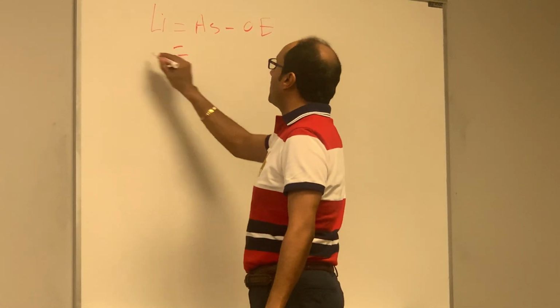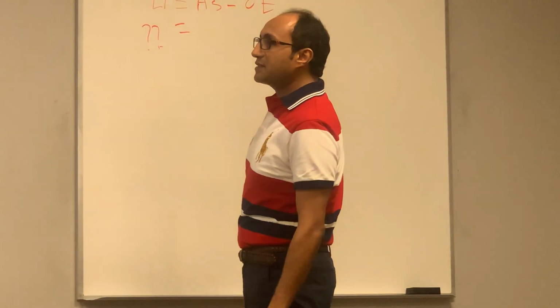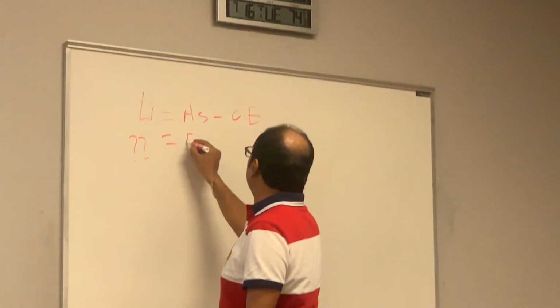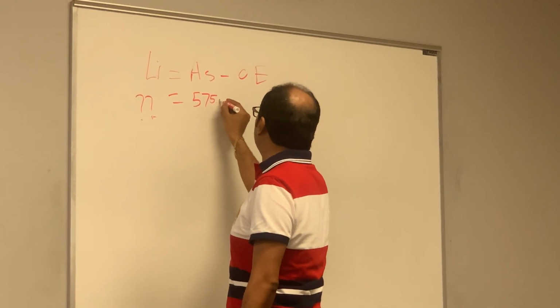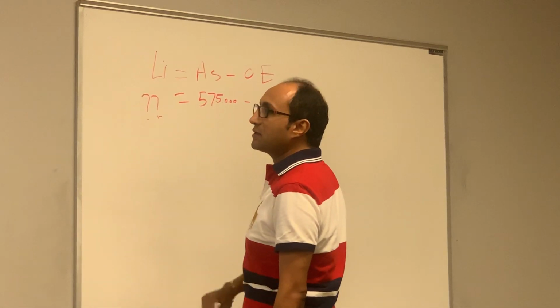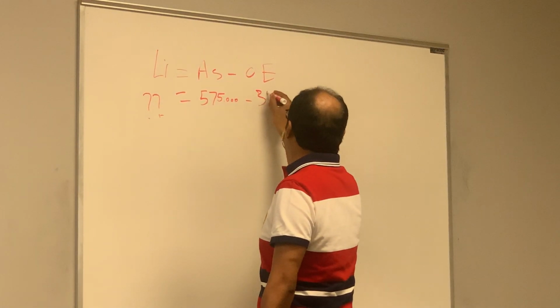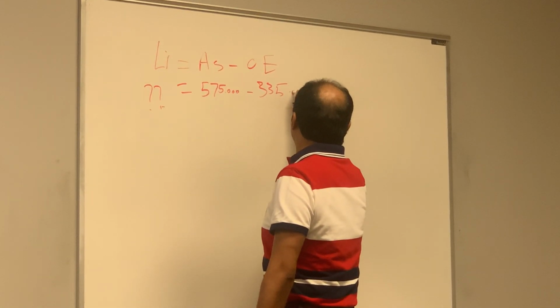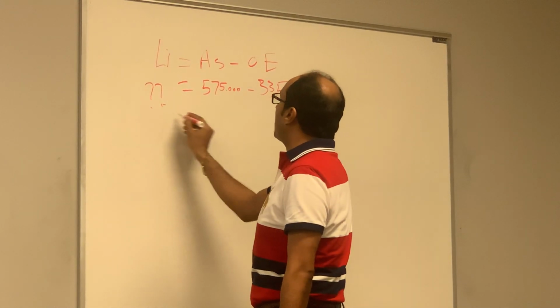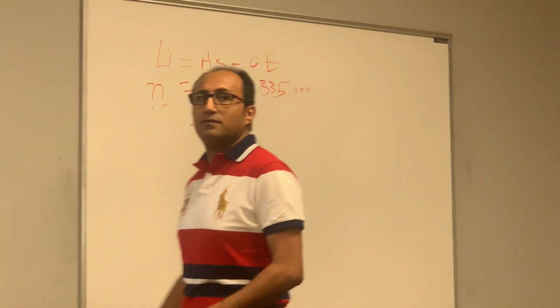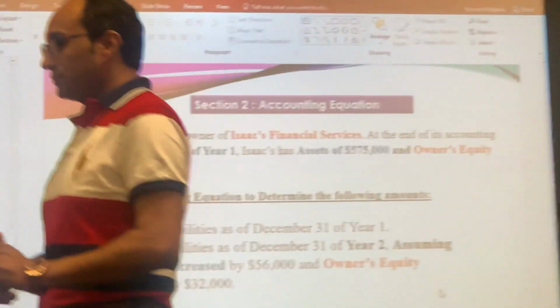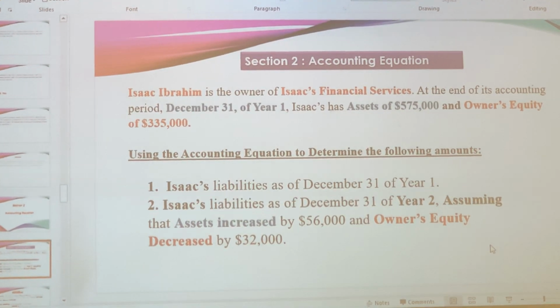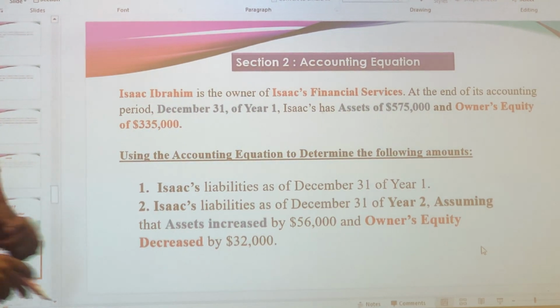So $575,000 minus $335,000 gives us liabilities. How much? 240,000.